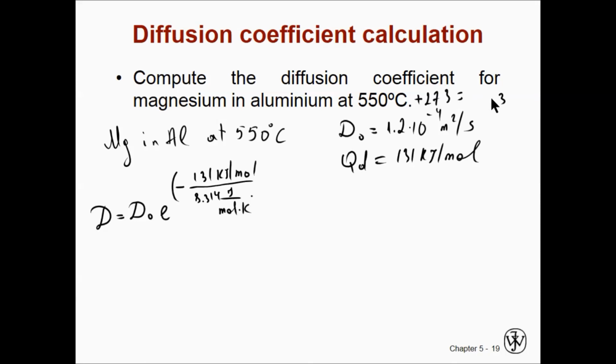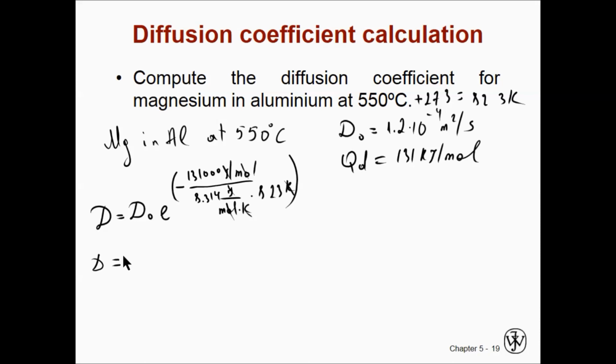It will be 3... So here these kelvins will be gone, but here it's kilojoules and this one is joules. That's why I have to do something over here. It will be 131,000 joules per mole. So these joules will be gone, moles will be gone.